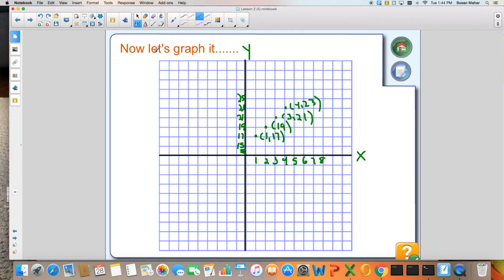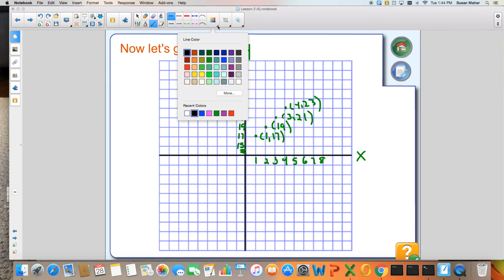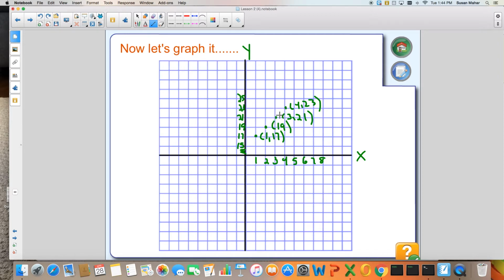And because this is a linear equation, if I draw a line connecting those points, oops, why does my line always disappear? If I draw a line connecting those points, it is a straight line. And that's because it's a linear equation.